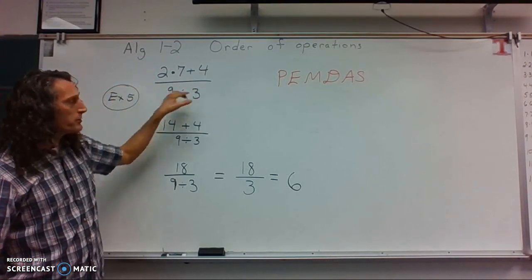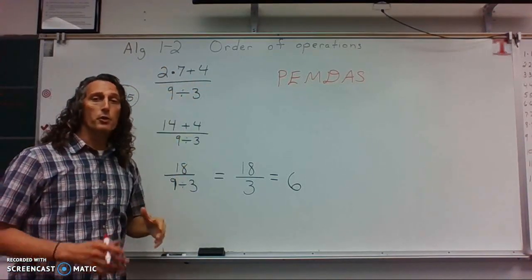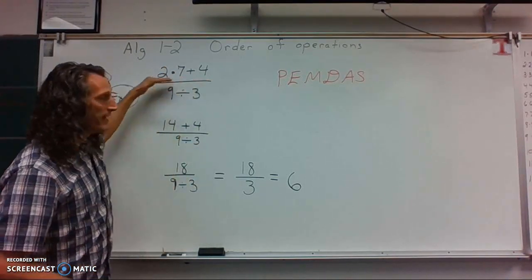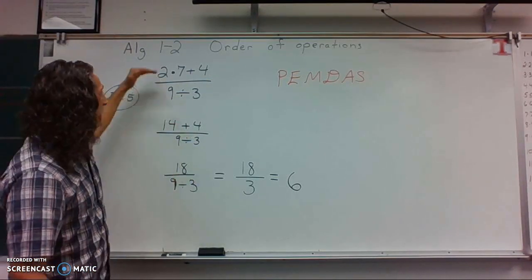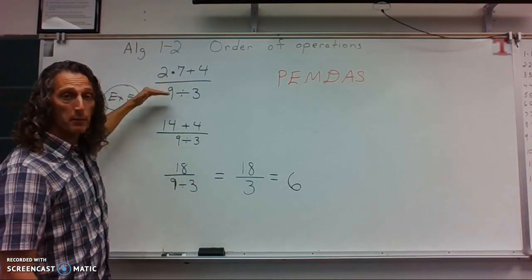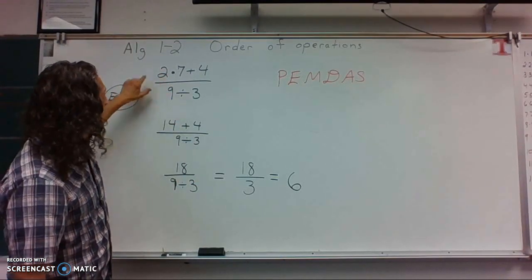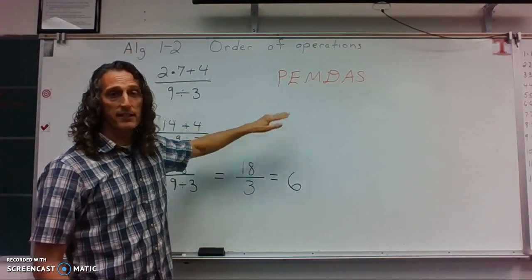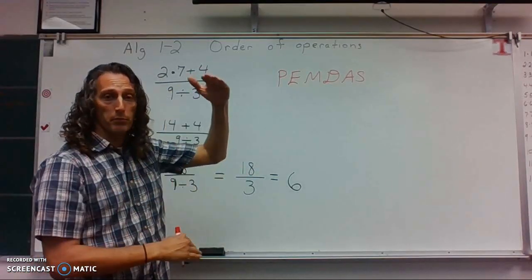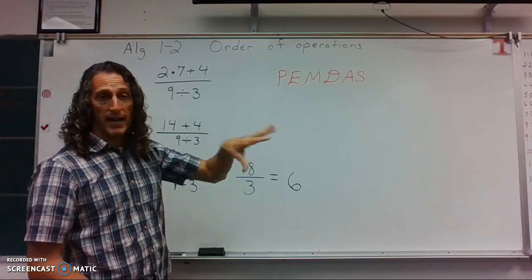And when you see a fraction, you almost use this fraction bar like a set of parentheses. It makes two groups, a top group and a bottom group. So if you ever see that fraction bar, it's kind of like having parentheses. It's dividing it into two problems, a top and a bottom.